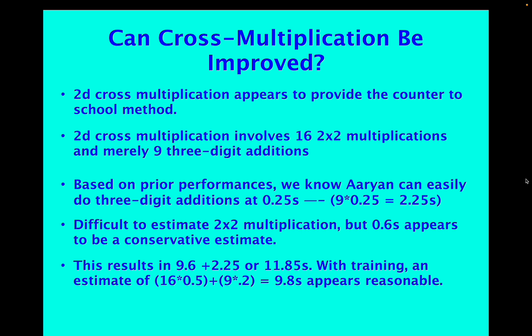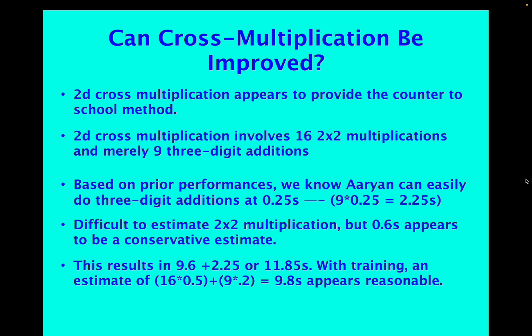So when we're putting those together, we come up with our estimate here: 2.25 seconds for the addition component, and 16 2x2 multiplications of 9.6 seconds. That's 11.85 seconds. We are already at an improvement. Again, as I mentioned before, 0.25 seconds is an overestimate for Aryan's addition time.